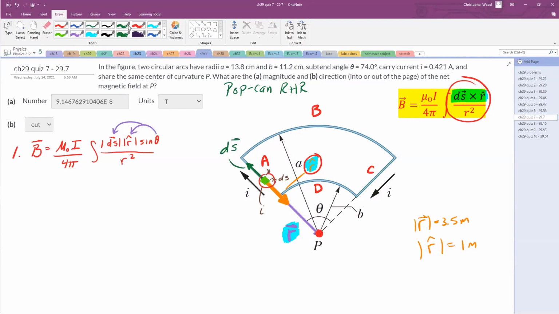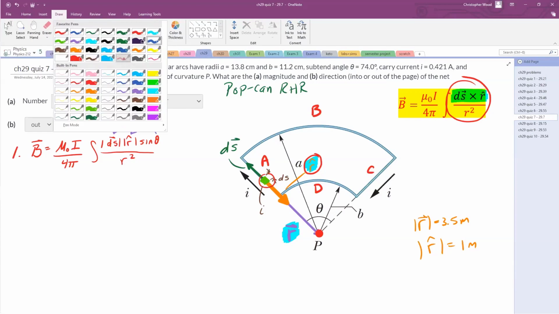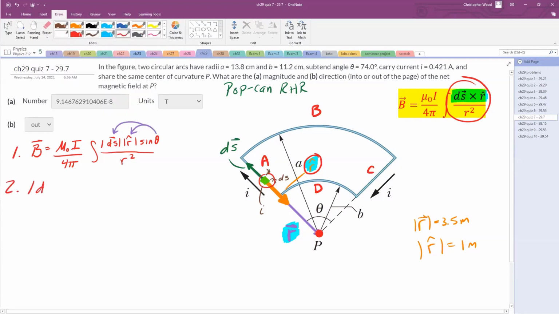All right, so a little note. Number 2. The magnitude of the ds vector corresponds to the length of the current element, super small when we talk about calculus.